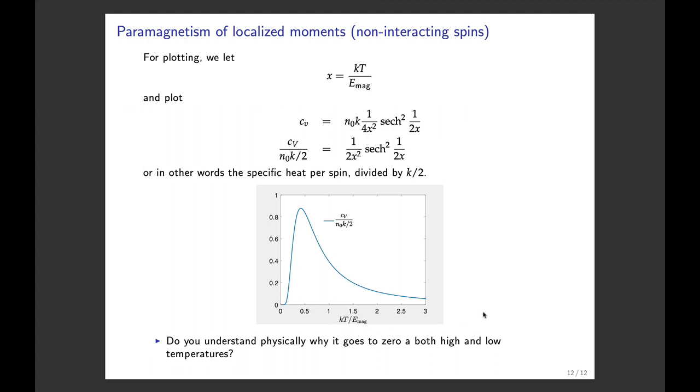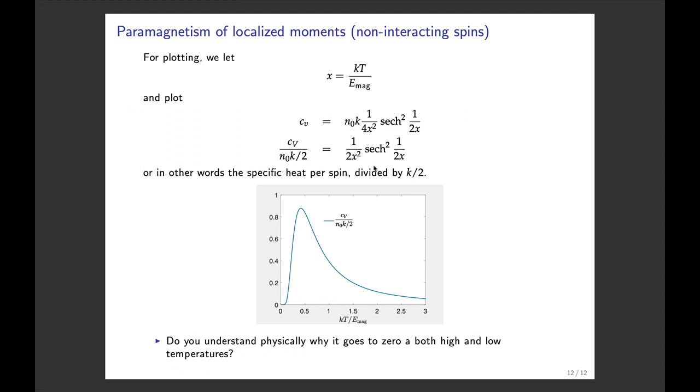And so what you can see then, we're going to look at the heat capacity per unit spin, because we just have to multiply by N0 to get the heat capacity per unit volume, so it's kind of trivial. And we'll scale our heat capacity by k_B over 2, right?